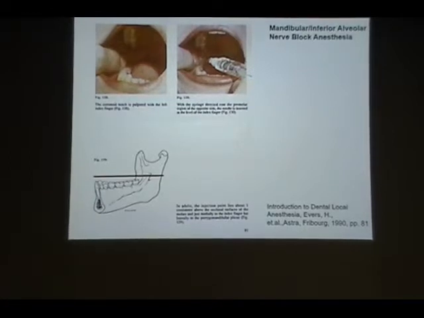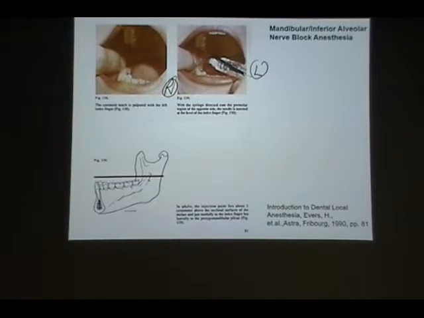The syringe for an inferior alveolar block is coming in from the premolars on the opposite side of the area that you are wanting to anesthetize. So in this case, this is the left side, this is the right side. We're giving a right inferior alveolar block.